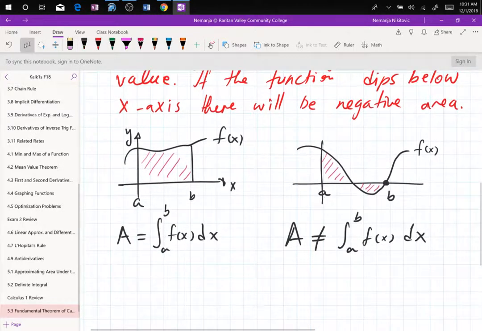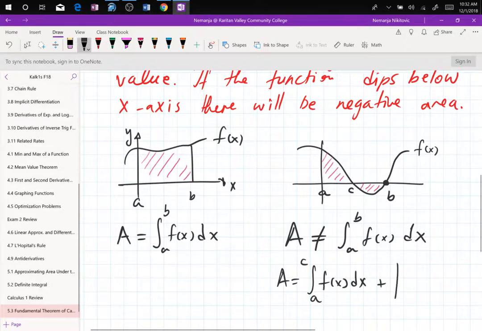As we saw in the previous section, in order to calculate area, you have to go integral from a to c, so there will be a c there, of f of x dx plus the absolute value of the integral from c to b of f of x dx.